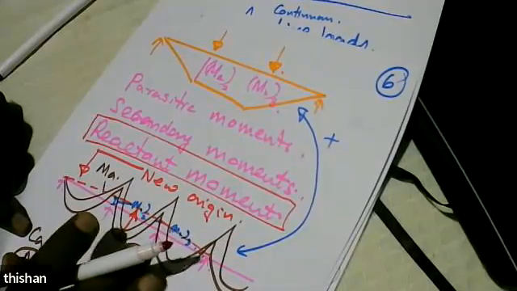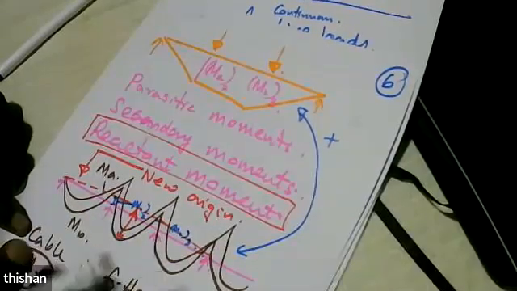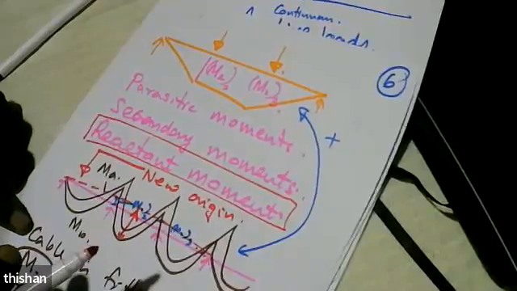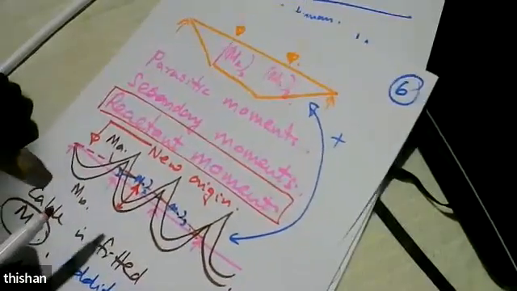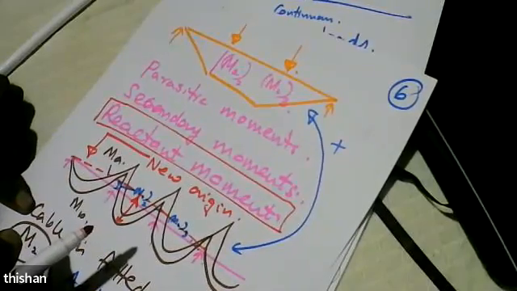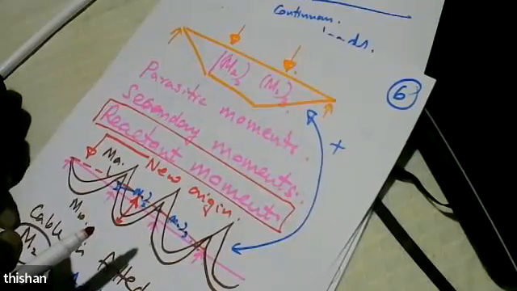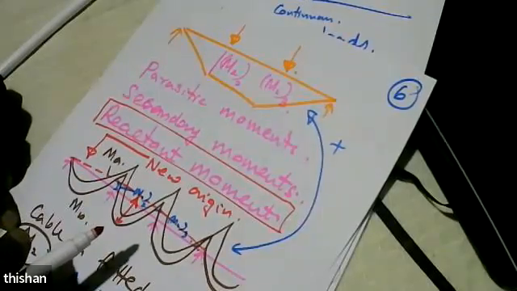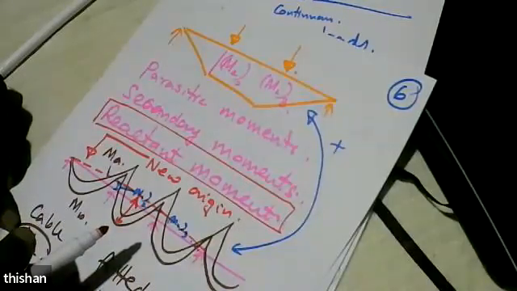And reactant is okay, it's due to the change in the reaction, so we can call it reactant moment. So I will be using the terms secondary or reactant moments interchangeably, but you have to keep in mind secondary means generally small, but these moments need not be small, they can be large.